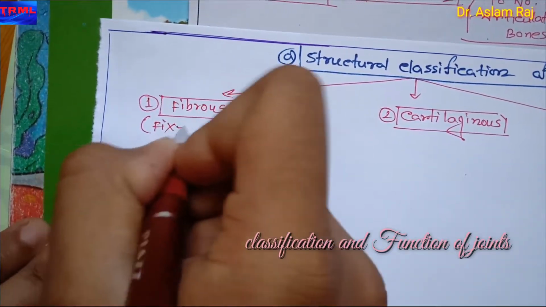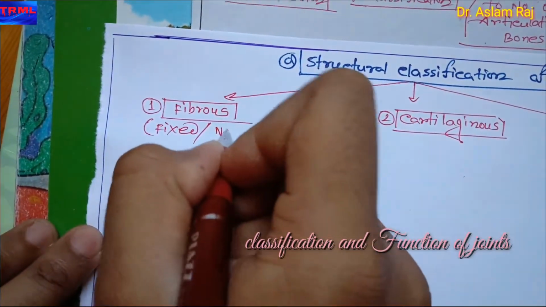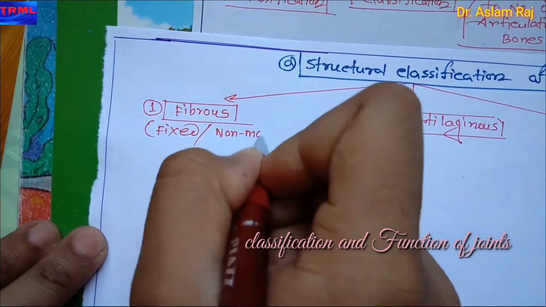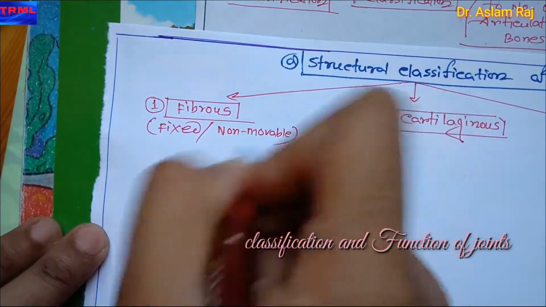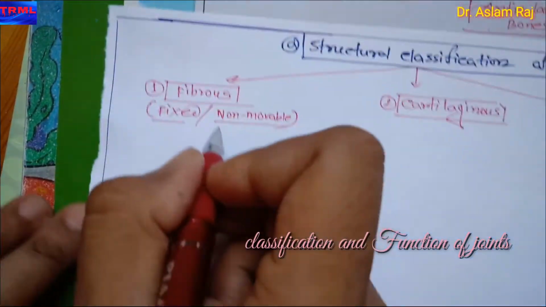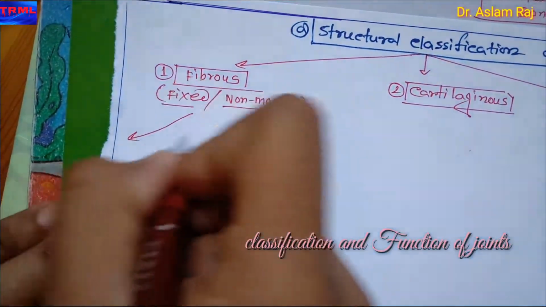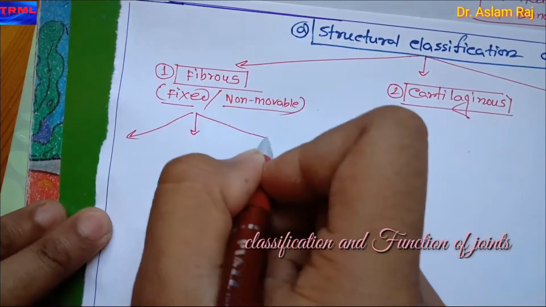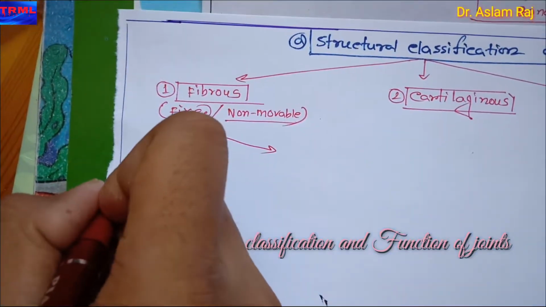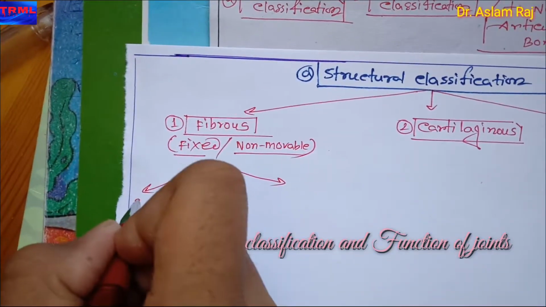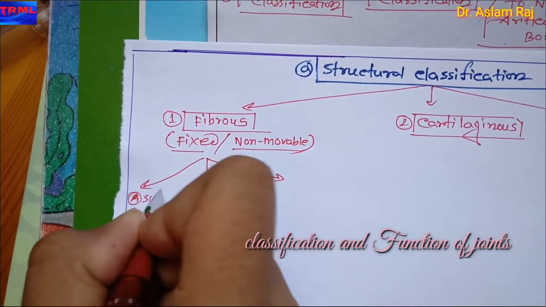Let's see fibrous joint. Fibrous joint is fixed or non-movable, meaning it is immovable. You can't move this joint. It also has three types. First one is sutures.